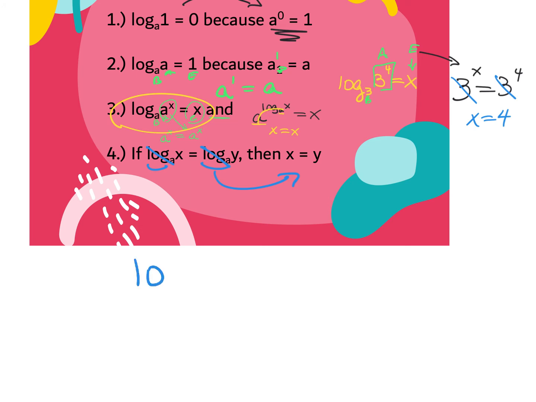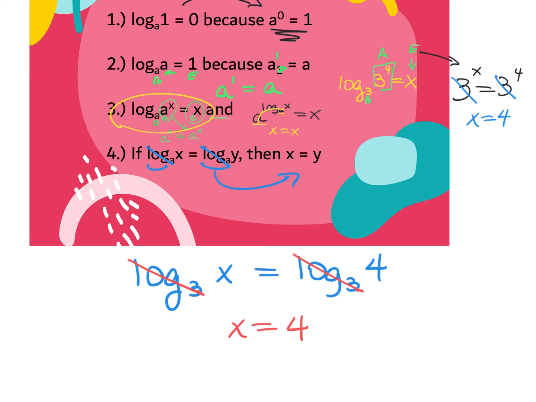Let's say it was log base 3 of x equals log base 3 of 4, and it said solve for x. Whenever these logs have the same base, cancel them, and x equals 4.